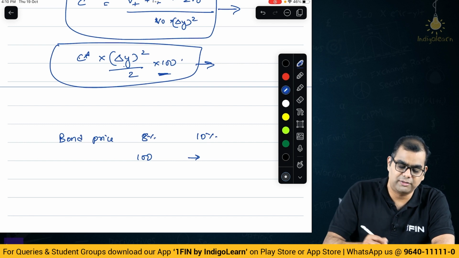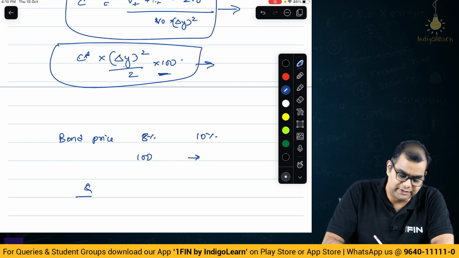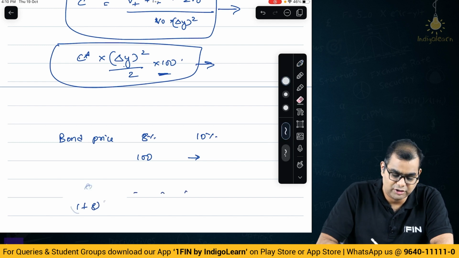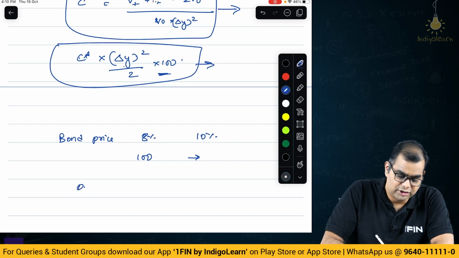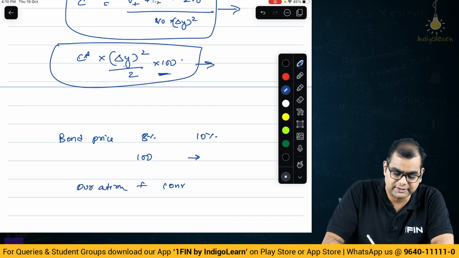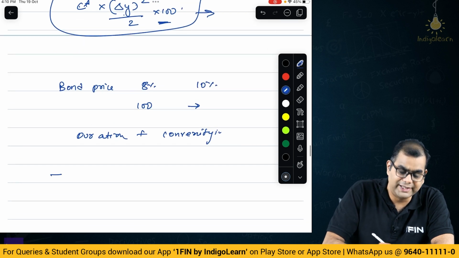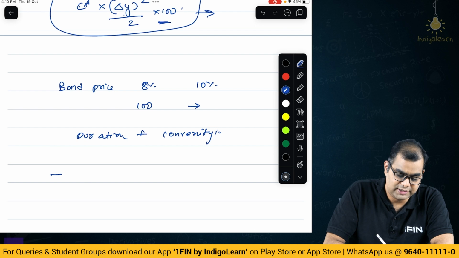One way is obviously you can compute C by 8 by 1 plus 8% power 1, and so on and so forth. Instead of doing all of that, you can take duration impact plus convexity impact. What is duration? Here duration refers to modified duration.